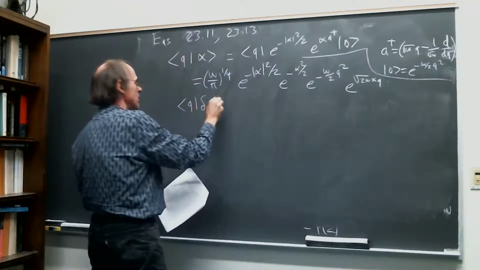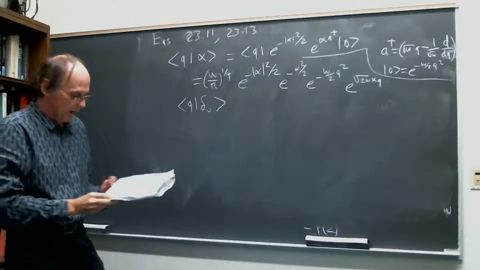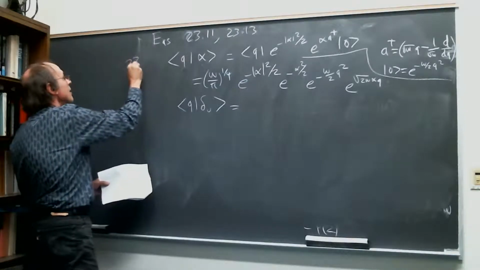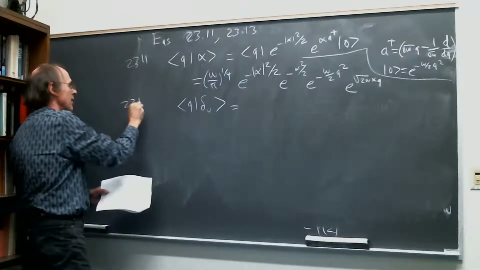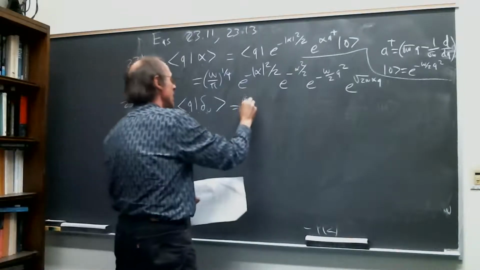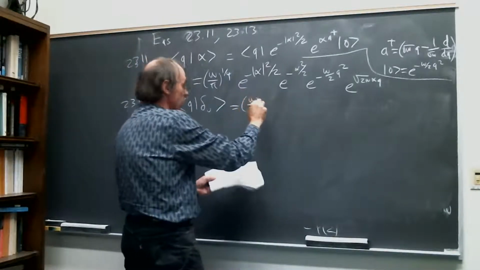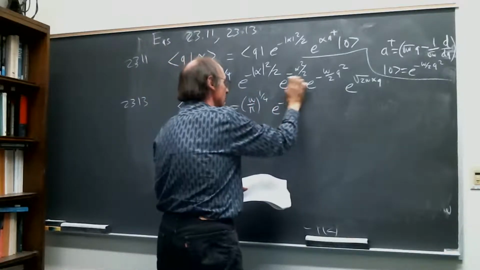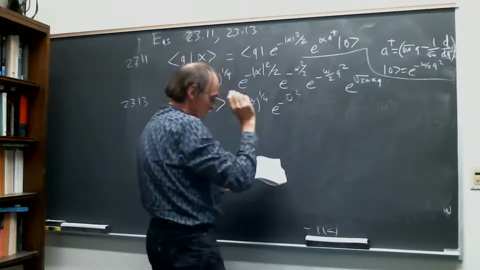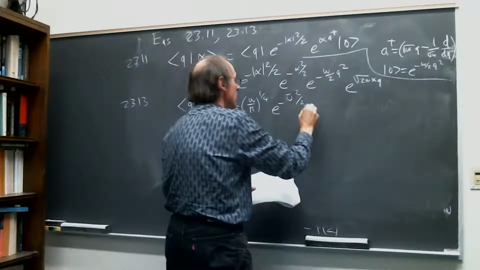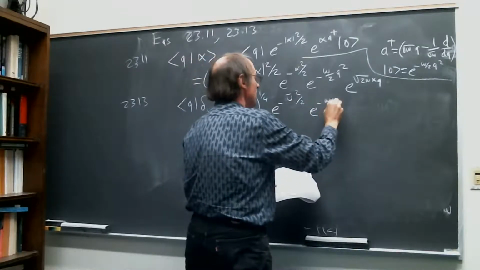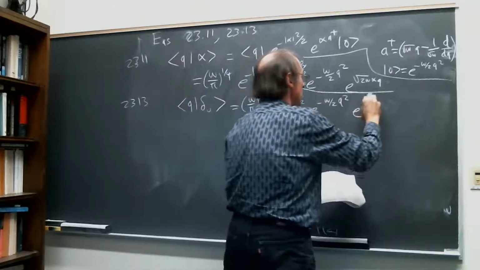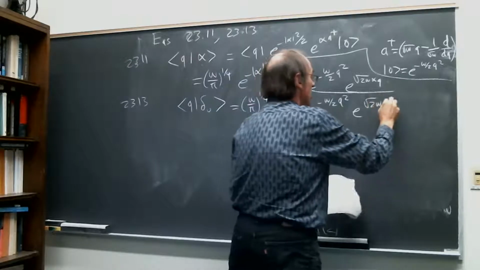Let me use u for the variable here, and you get, so this is equation 23.11, this is 23.13, and this guy comes out to be (omega over pi)^(1/4), then e to the minus u bar squared over 2, e to the minus omega over 2 q squared, and then e to the square root of 2 omega u bar q.